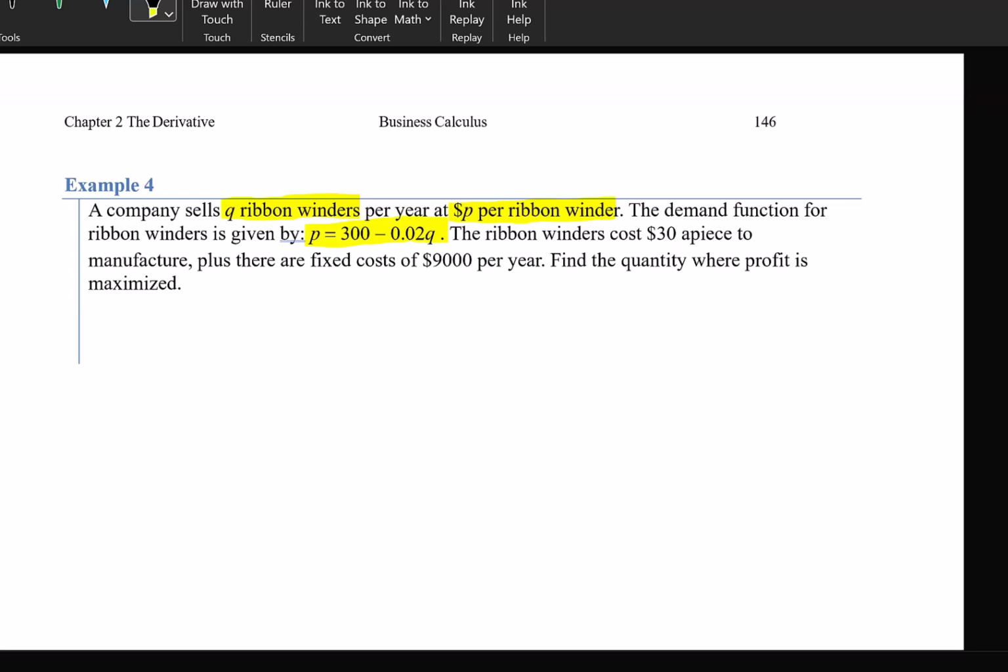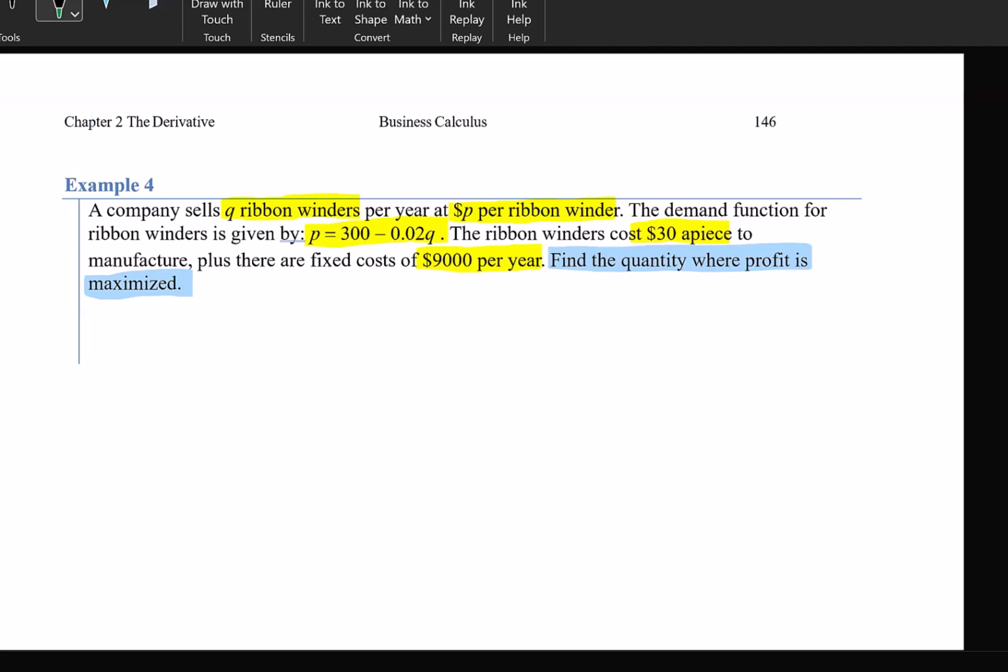The ribbon winders cost $30 a piece to manufacture, but there are fixed costs of $9,000, so they cost $30 a piece, and there are fixed costs of $9,000 per year. Now, find the quantity where profit is maximized.